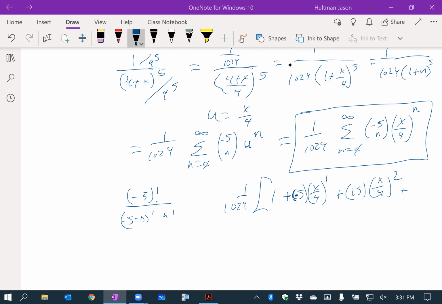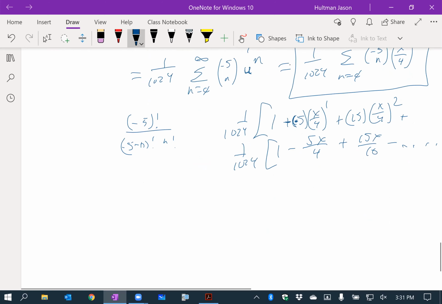So this is 1 over 1024 times 1 minus 5x over 4 plus 15x squared over 16, and then it's going to go to a minus again. It's just going to alternate because of that negative sign. And then dot, dot, dot here.